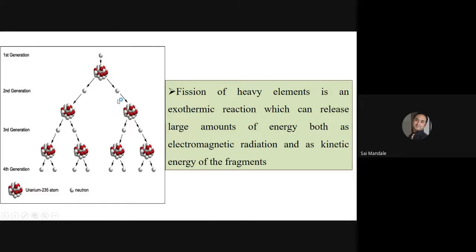This is an uncontrollable reaction. At every generation, first, second, third, fourth, as long as neutrons strike atoms, energy is generated at each and every step; these are exothermic reactions.